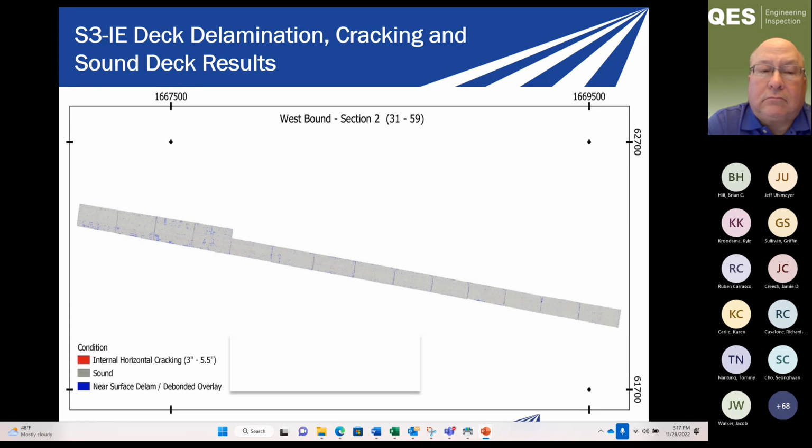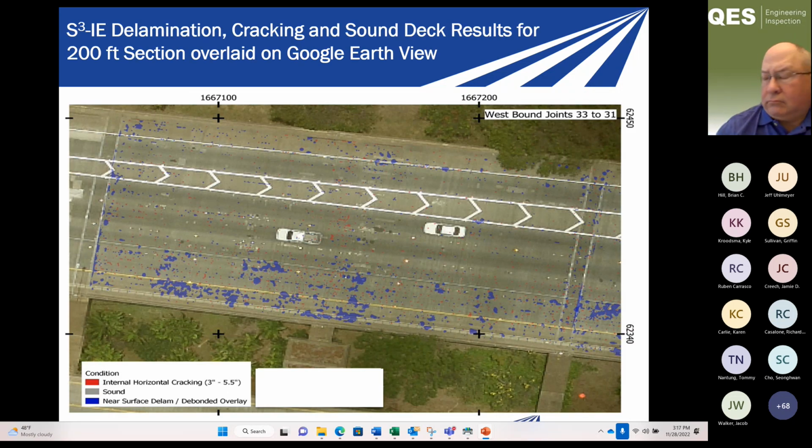The blue vertical lines, those are at the joints. So the joints were showing up as anomalies because they were different than the normal concrete. But then the other areas of more concentrated blue are the areas where they have surface delamination or that debonded overlay.